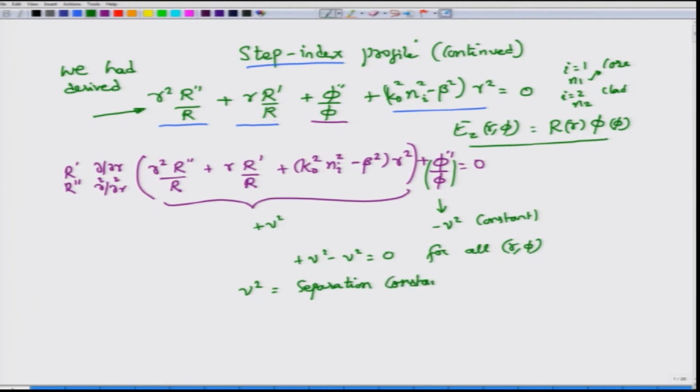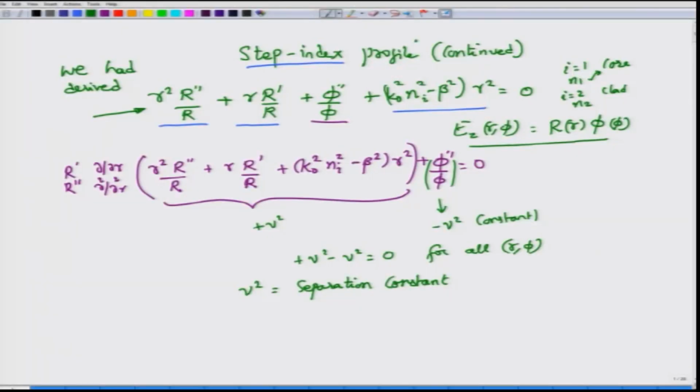That is the reason why we call this the variable separable method, because we separate the variables by writing the unknown solution as the product of functions of individual variables. Then, when you look at the resulting differential equation, you have terms which are a function of only one coordinate and terms which are a function of another coordinate.